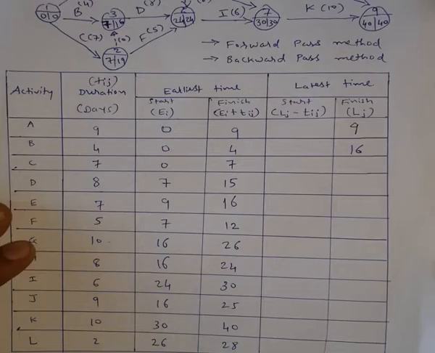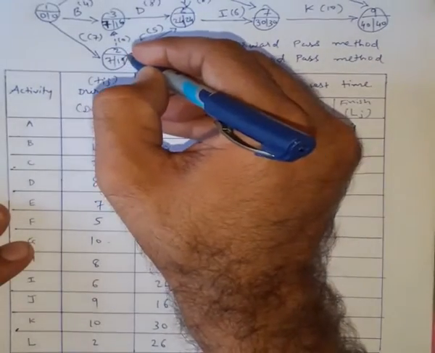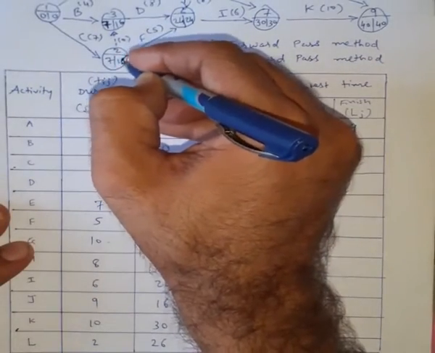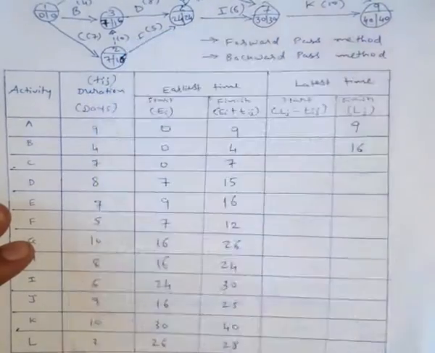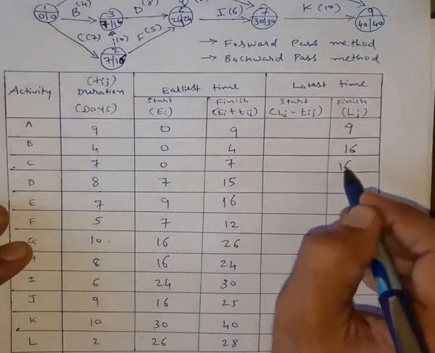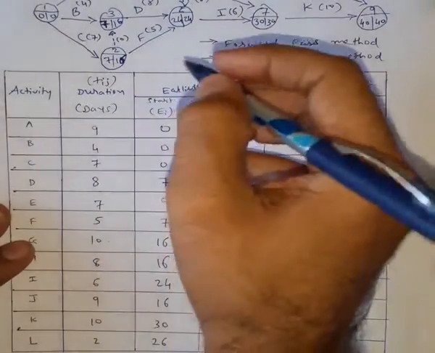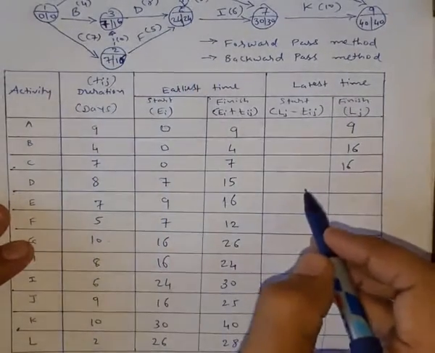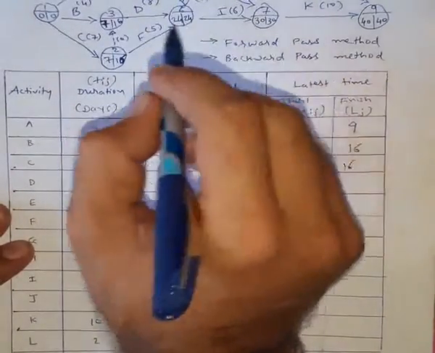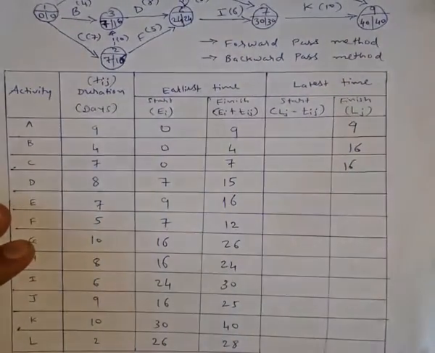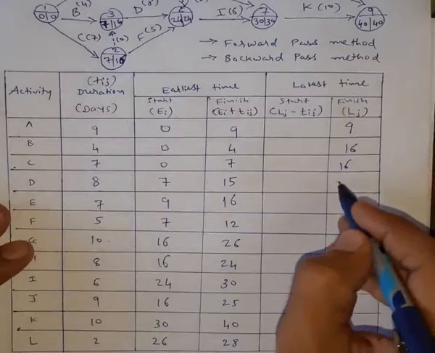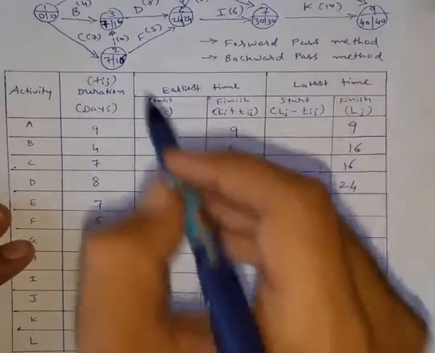Sorry, this is a mistake over here. It is not 19, it is 16. So it is 16. Then for activity D, latest finish time is 24. For activity E, latest finish time is 16.